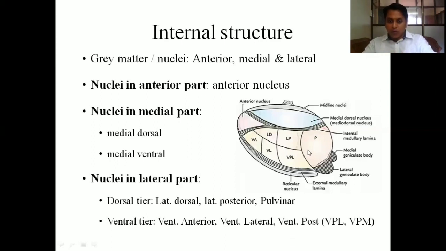Okay, so grossly, we have divided these nuclei into the anterior, the medial part and the lateral part. The medial part has the following nuclei: medial dorsal and medial ventral.